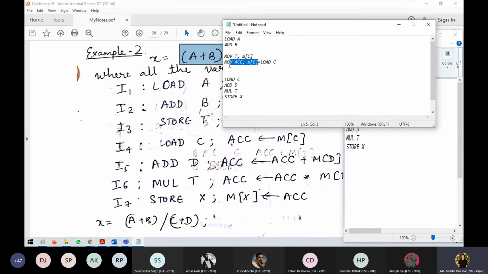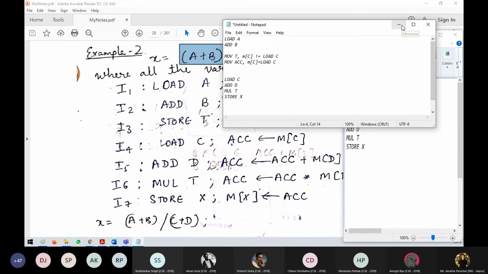So either you write this or this one. This is fine. But is it equal to load C? No, not at all. This one is not equal. So these two are not equal.